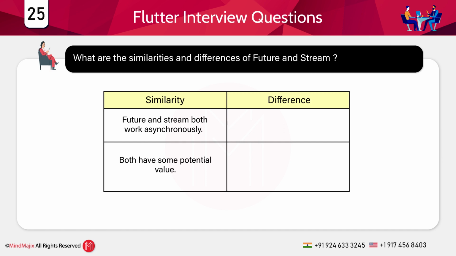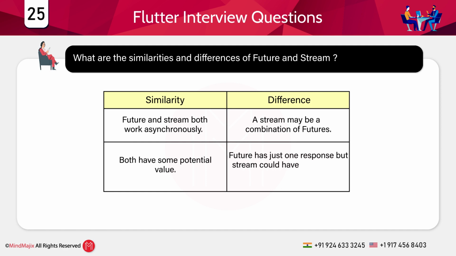And the differences are, a stream may be a combination of futures. And the second difference is, future has just one response, but stream could have any number of responses. In simple words, if we use future, we go to the database, we take the result and we come back.